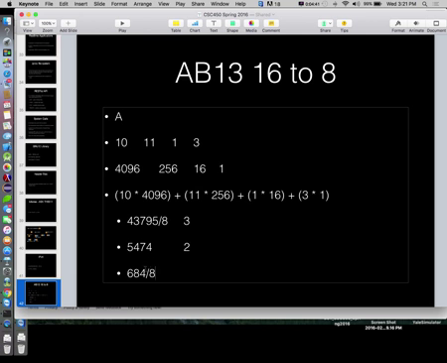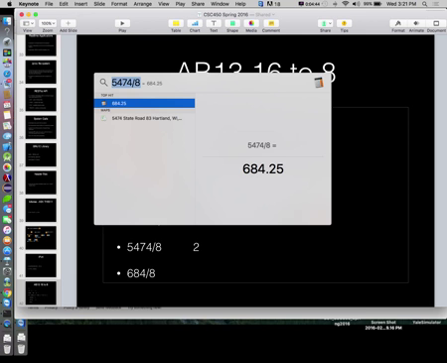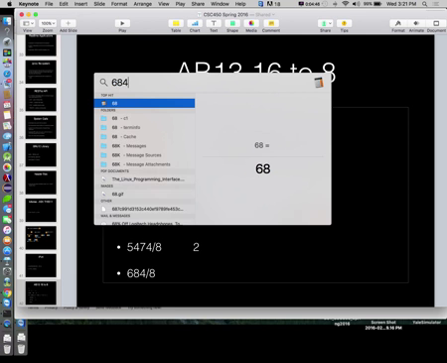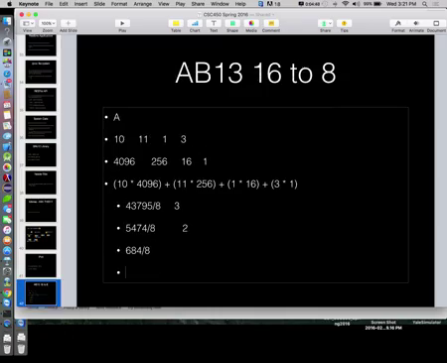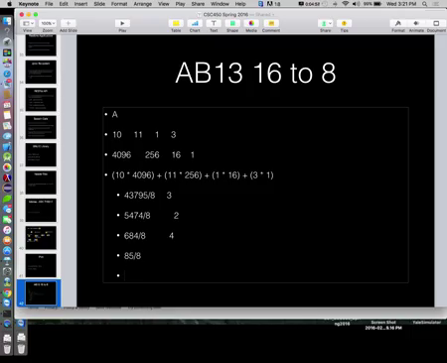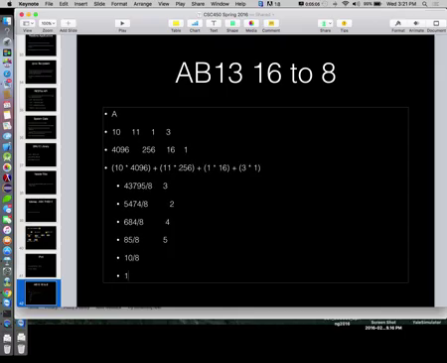684 divided by 8 is 85. Remainder 4. 85 divided by 8, 10. Remainder 5. 10 divided by 8 is 1.